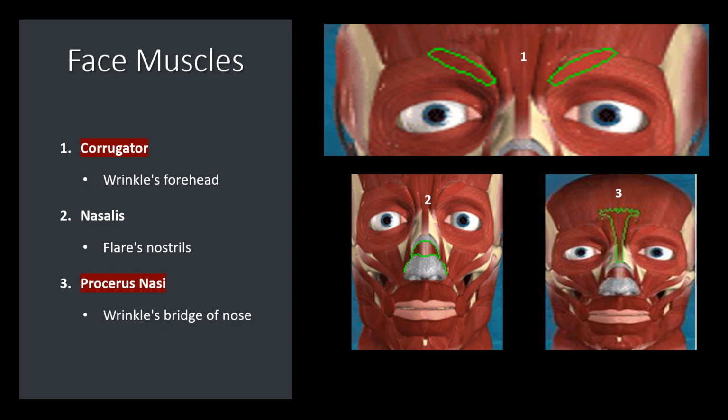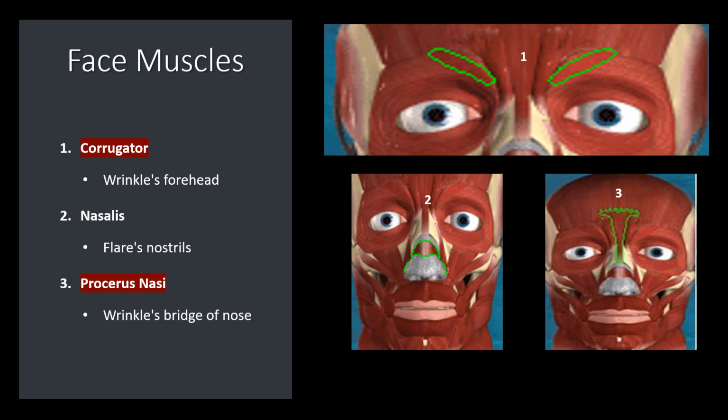Now, procerus nasi, not quite so easy, except if you think of a rhinoceros. A rhinoceros has got a big horn on its nose. And also rhinitis is inflammation of the nose. So procerus nasi is a muscle that extends up the nose from the nasalis and wrinkles the bridge of the nose.